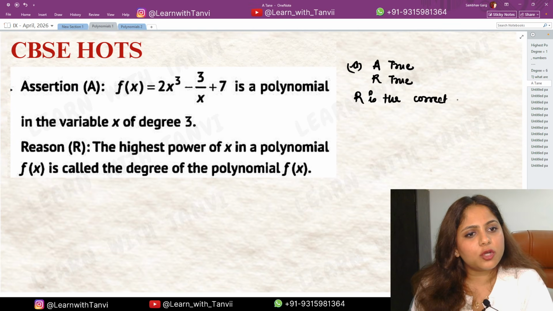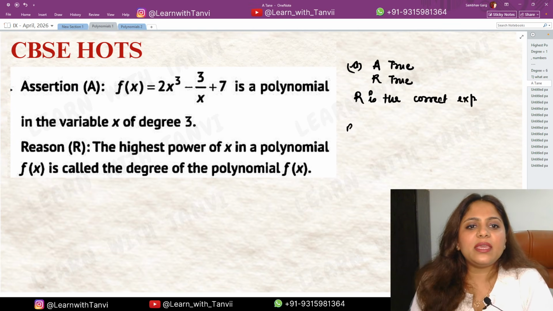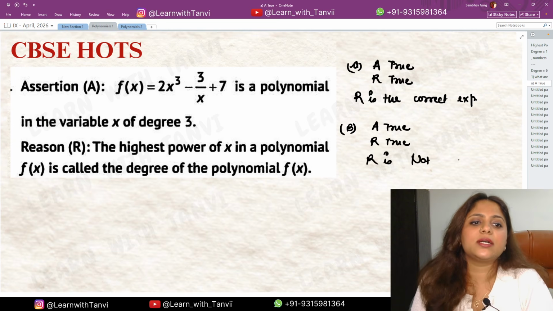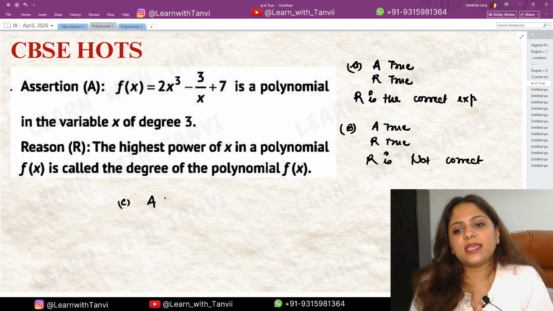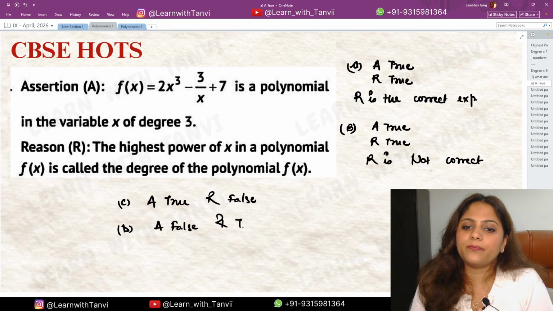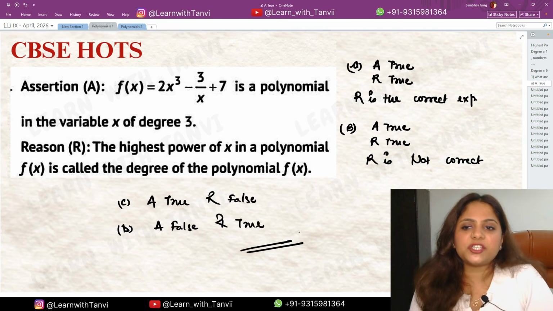This is the first option, A. B is your A is true, R is true, and R is not the correct explanation of the assertion. C part is A is true, R is false, and the last part is that A is false but R is true. So this is the HOTS question for you.